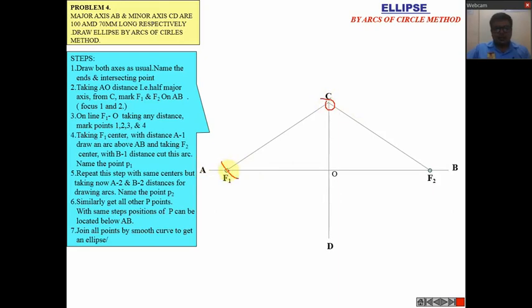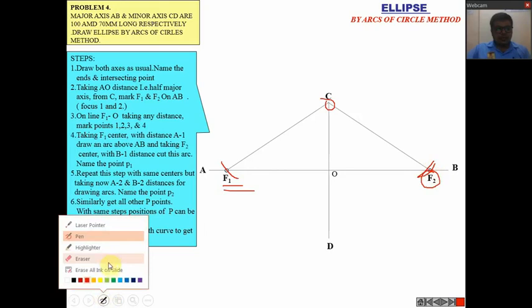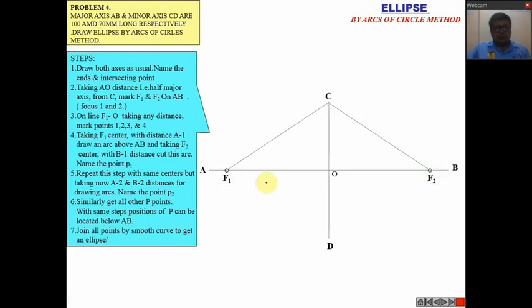So you will get one intersecting point here, that will be F1, and make an arc on the other side. So you will get another intersecting point, that will be the point F2. So in this way you will get two focus points, that is F1 and F2, to generate the ellipse.